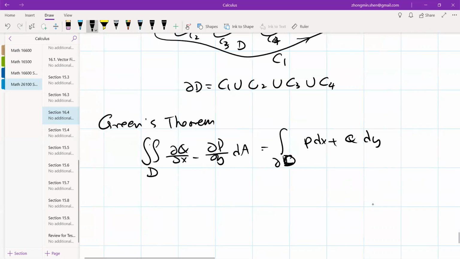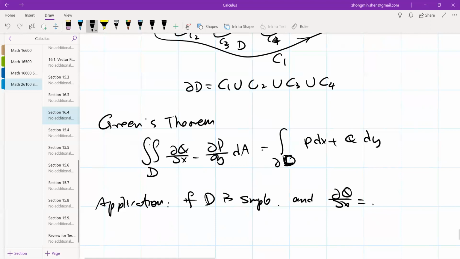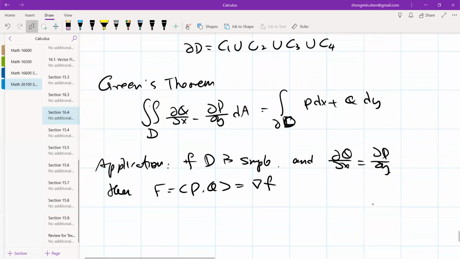Let me repeat again. If D is simple and this holds, then F = (P, Q) can be written as the gradient of some function, i.e., F is conservative.